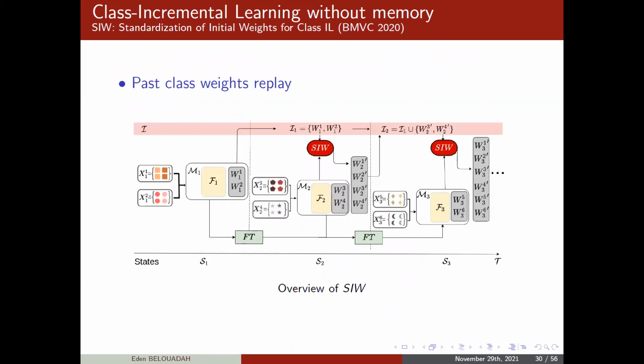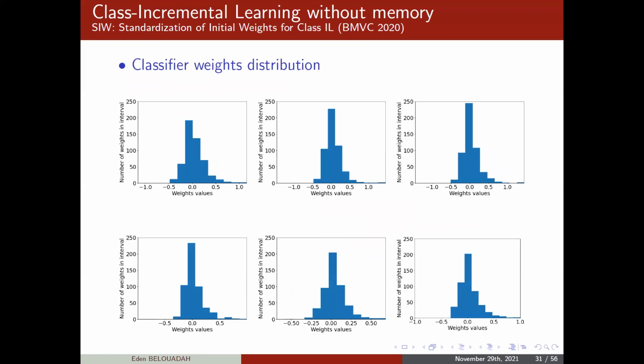So the idea of SIW is to adapt our method SCALE to a memoryless setting. The first step in SIW is the same as in SCALE. We just replay the class weights of past classes from their initial state to rectify their weights in the current state. What differs compared to SCALE is how we make the normalization of the weights matrix.